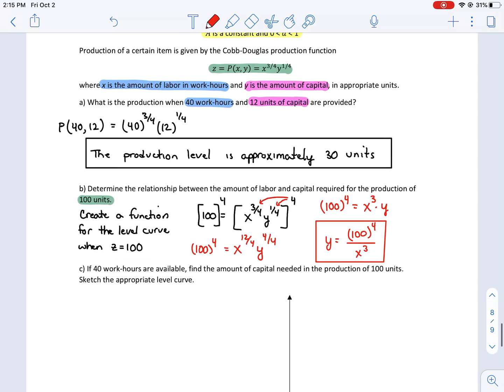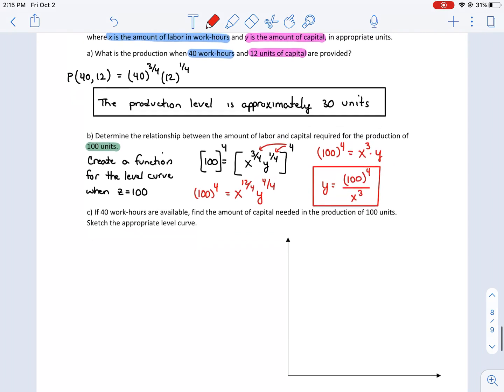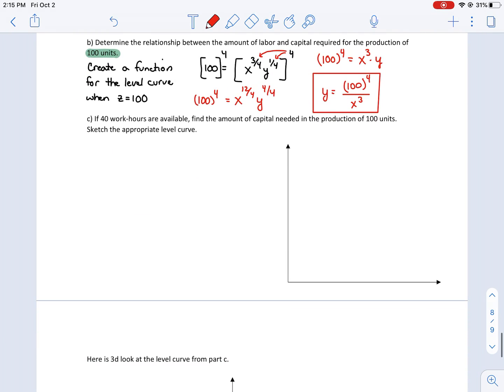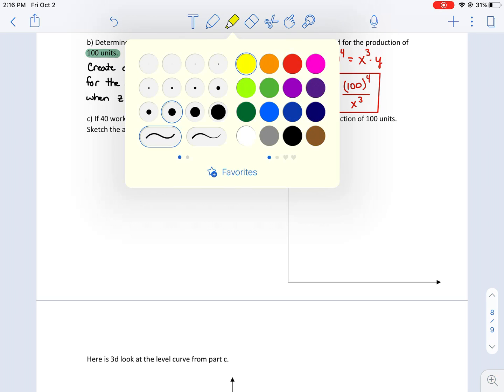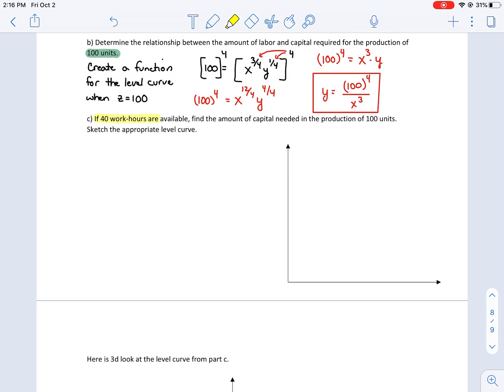100. For part C, if 40 work hours are available, find the amount of capital needed in the production of 100 units, and then sketch the appropriate level curve. So there are two parts here. We'll take care of this part first.